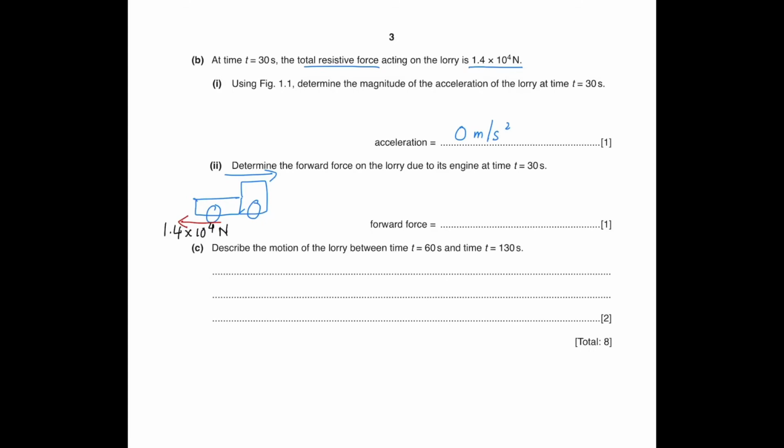So if the resistive force is 1.4 exponent 4 Newton, means the forward force at the opposite direction also 1.4 exponent 4 Newton.